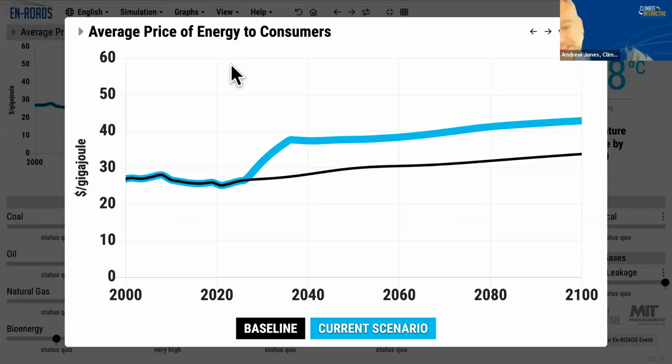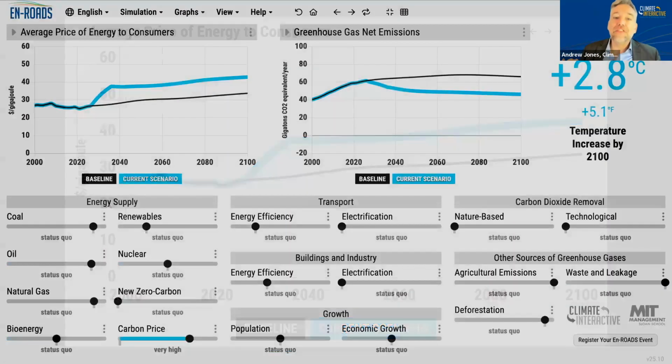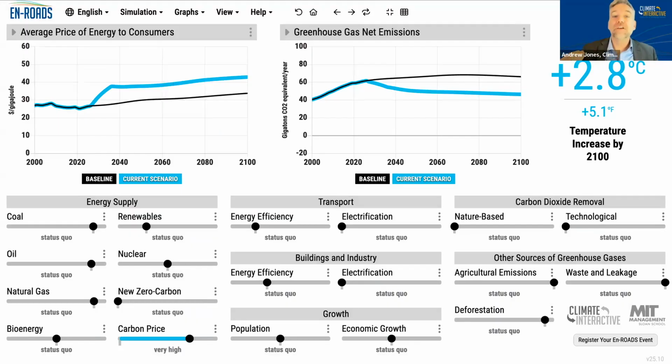This is the equity challenge, of course, of how it will boost the cost of energy to consumers. Therefore, it's boosting investments in energy conservation and energy efficiency, and that brings overall demand down a little bit.